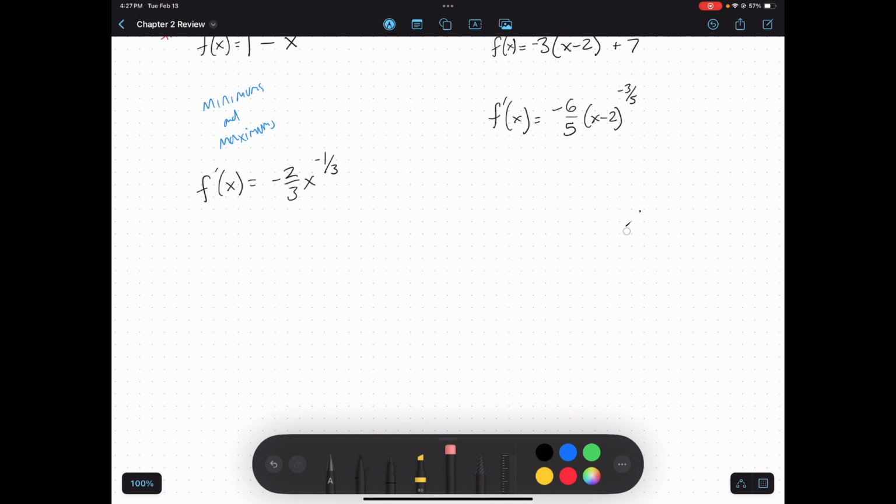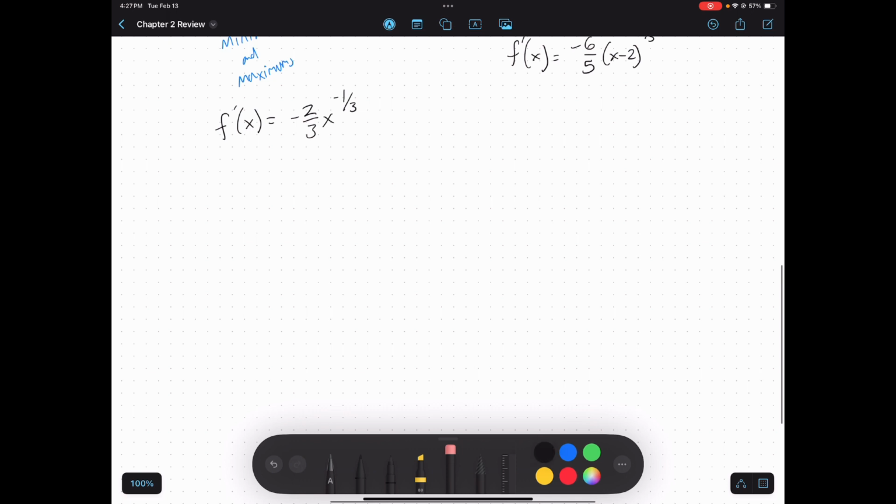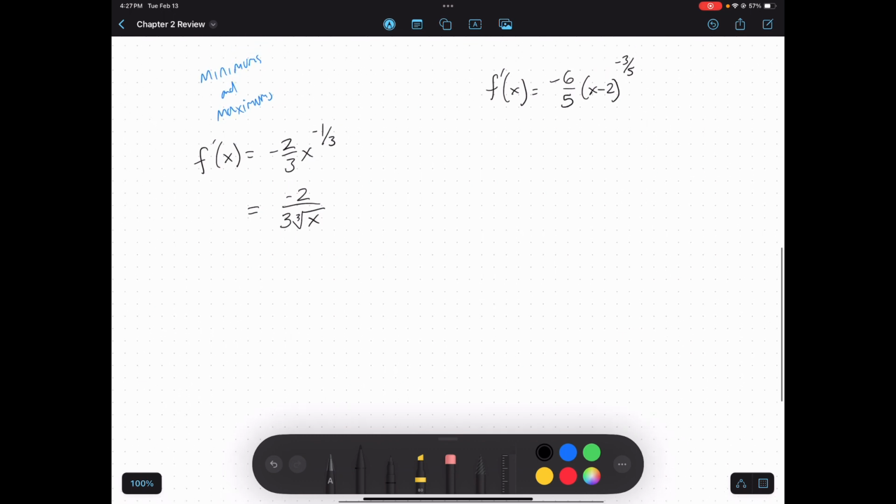But that's what I get for the derivatives. And these ones are both unique because if I were to rewrite this, I would have negative 2 over 3 times the cube root of x. And then this one would be negative 6 over 5 times (x - 2) to the 3/5, right? That negative exponent means it goes in the denominator.